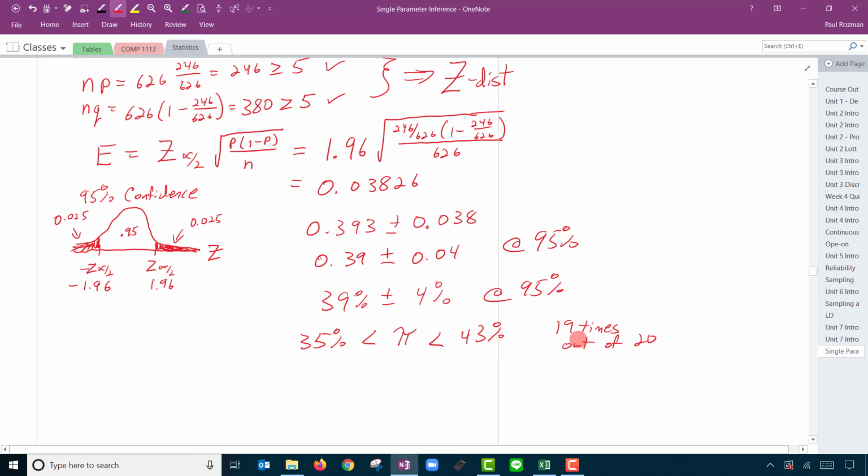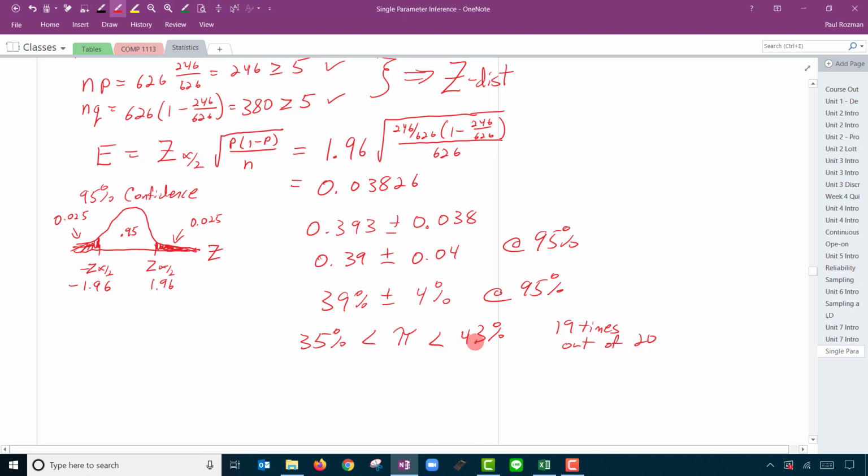We're 95% sure that the actual proportion of employers who pay the membership dues into the Society of Economic Geologists is somewhere between 35 and 43. It's pretty wide.